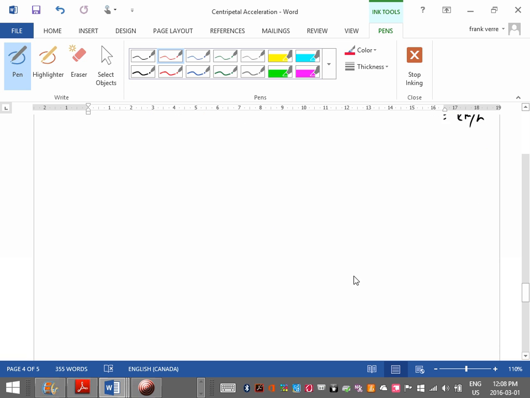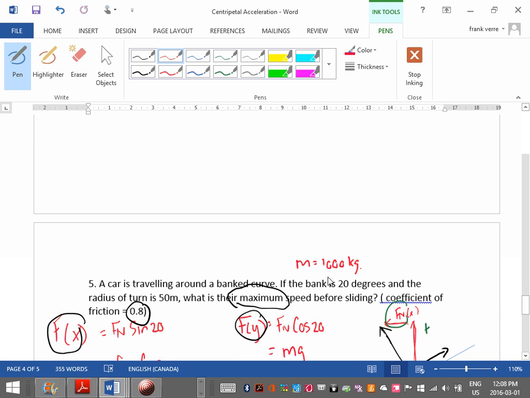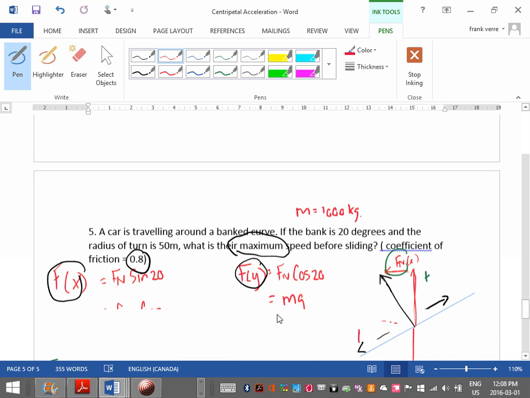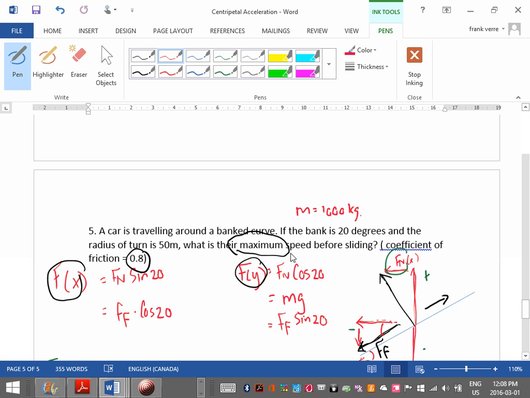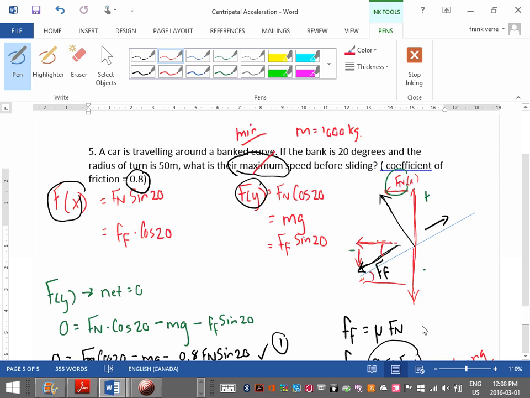So I hope you realize that if we just change one word, if on a test I asked you the question, what is the minimum speed, then everything is the same, except the friction would be pointing which way?